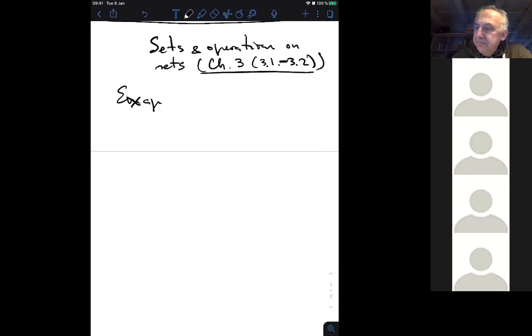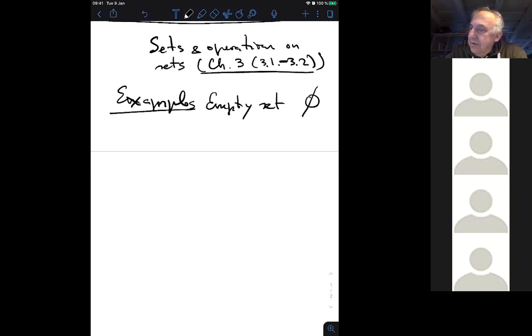The empty set is quite an important abstract notion, and it's denoted by a small zero with a line crossing it.